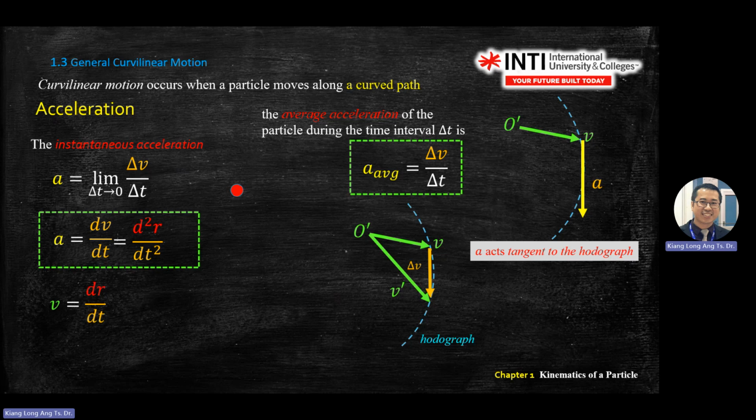So V can be written as the differential of your displacement. But in this case, because you are in curvilinear motion, your S becomes R. Your position is R and not the normal S. Don't confuse it with the circumference. In dynamics, we focus on R, the change of R.